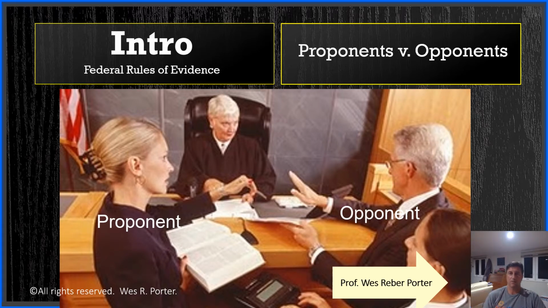And the way you got to think about proponents and opponents as it relates to the rules of evidence is, while she's asking questions and trying to put in evidence through this victim witness, the opponent sits there and he's charged with objecting under the Federal Rules of Evidence. He's the one that's truly patrolling whether what's going on in court is acceptable and appropriate.